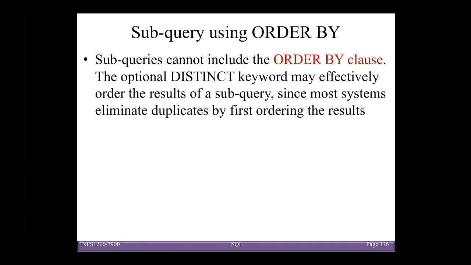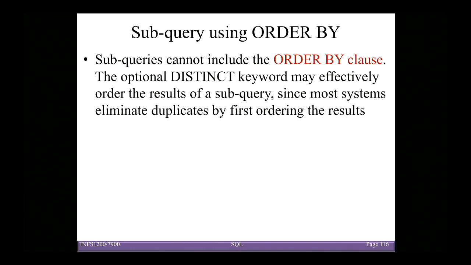Okay, so this is a detail not necessarily going to come in handy a lot, but subqueries cannot include the order by clause. The optional distinct keyword may effectively order the results of a subquery since most systems eliminate duplicates by first ordering the results. So when you use distinct, it's going to get rid of duplicates.